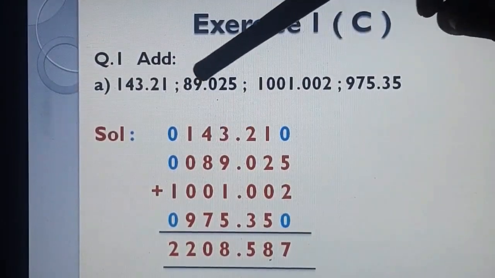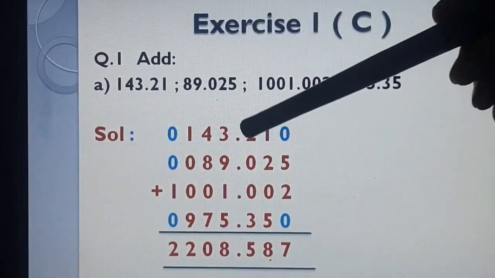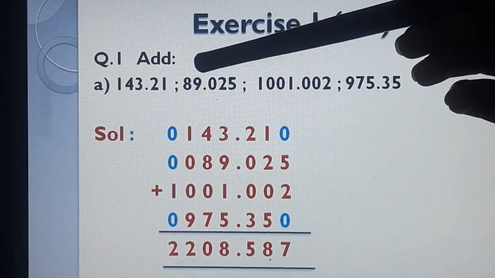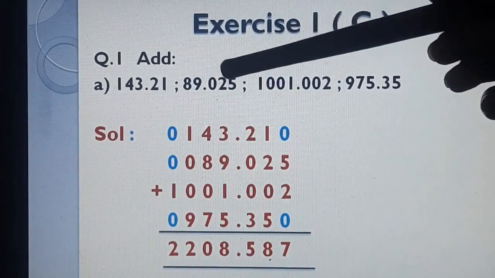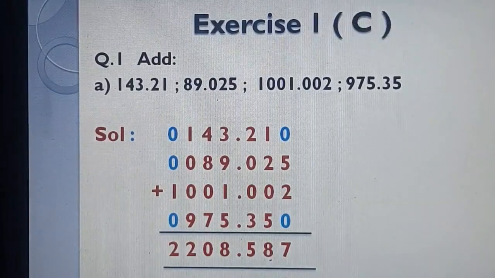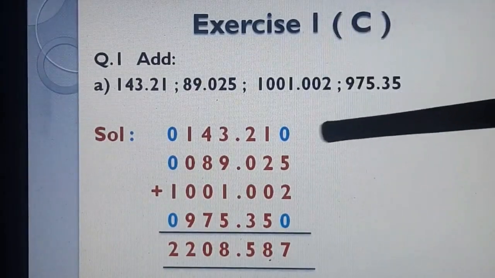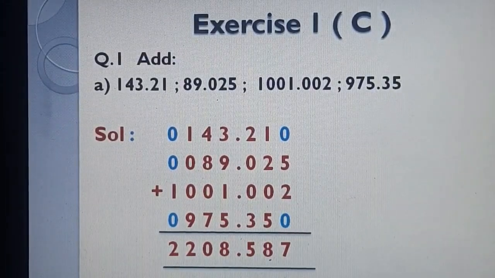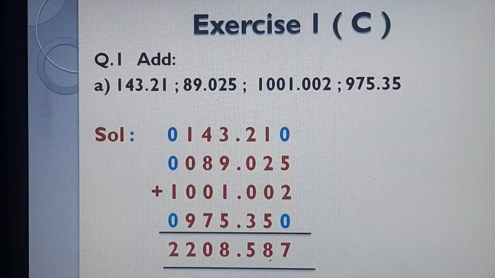And now 89.025. 89. 8 is at 10th place, 9 is at 1st place. And then decimal, 0 is at 10th place, 2 at 100th place and 5 at 1000th place. So decimal के नीचे decimal आप लगाएंगे, then your number will be written in the correct way, right?